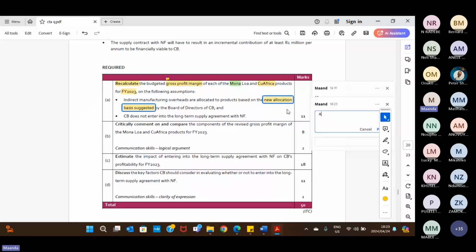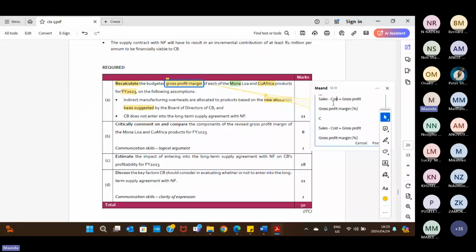So yesterday when we were talking, we said when you are calculating a product cost, you take the sales, the variable costs, and then also allocate the overheads to get to the total cost of the product, right? So that's what you need to do. So ABC will be the last part of my solution. So I have sales, I have cost of sales, meaning I already know that this cost of sales is going to be divided into direct material.